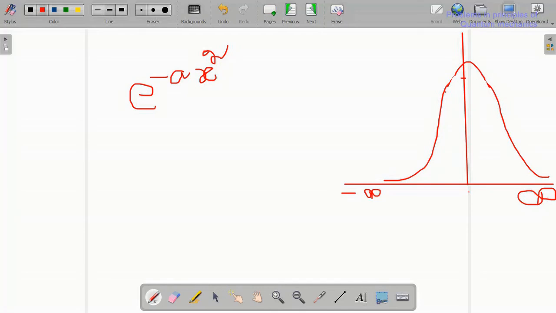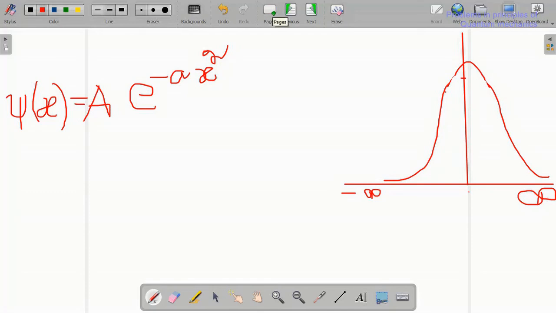So what will be its normalization constant A? This is the wave function psi of x is equal to a into e power minus a x square.